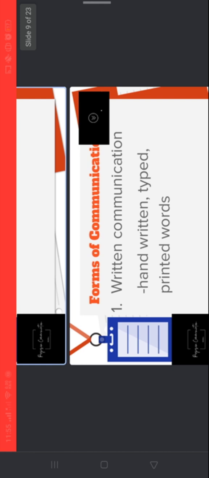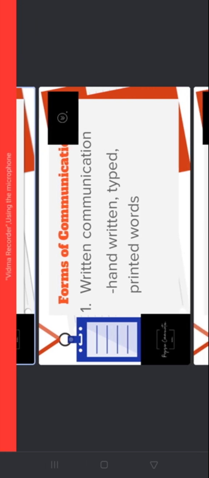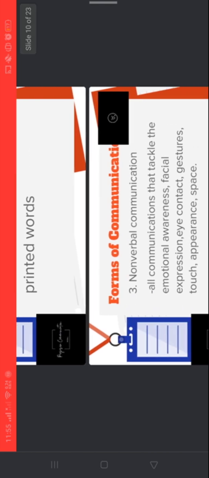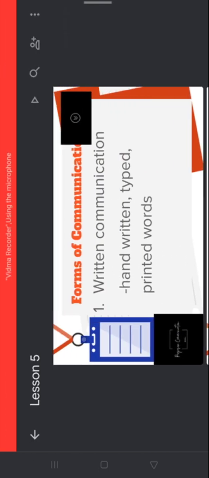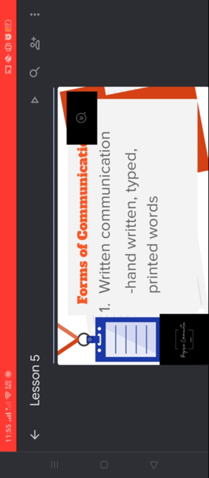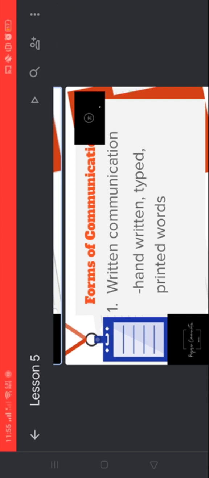The second one is written communication. It's either handwritten, typed, encoded, or printed words, okay? Those are under written communication. For example, we have your notes, the tarpaulin, boxes that are printed with logos and so forth.